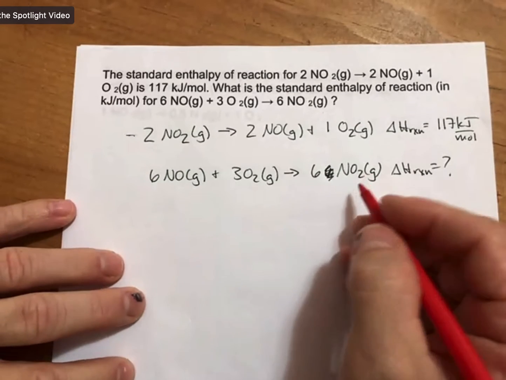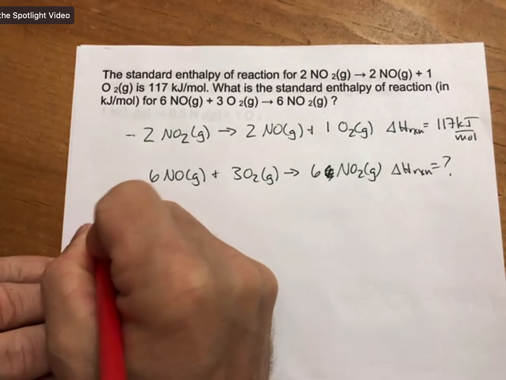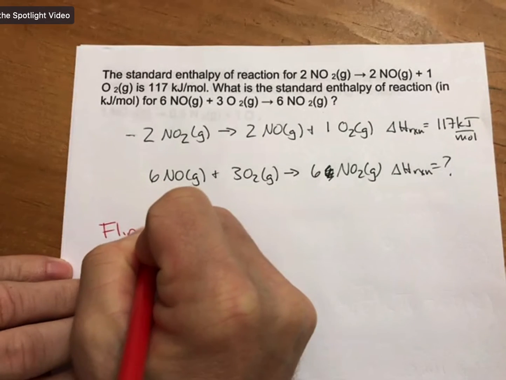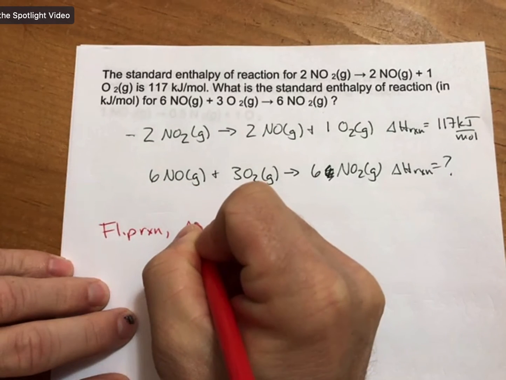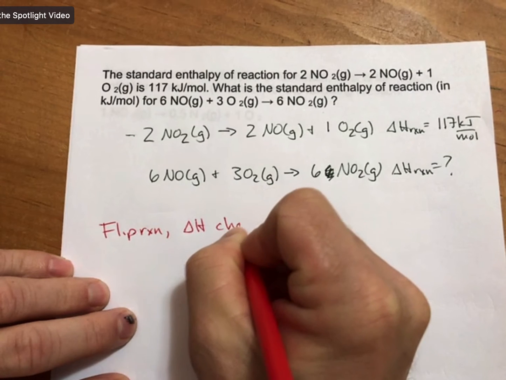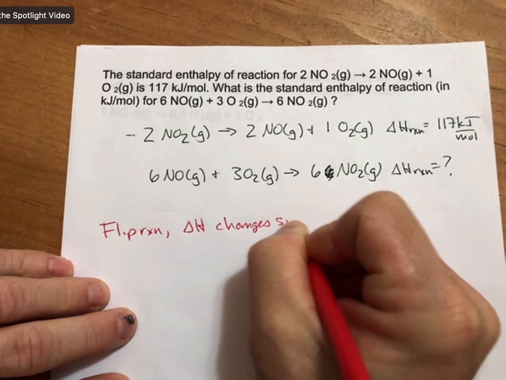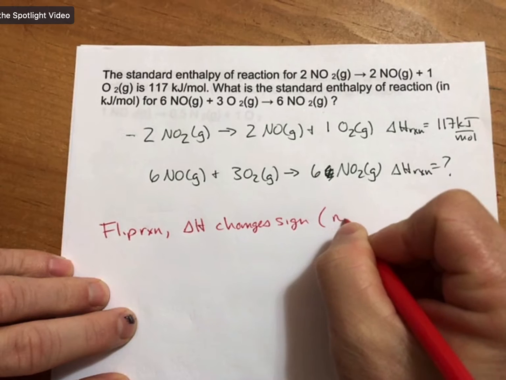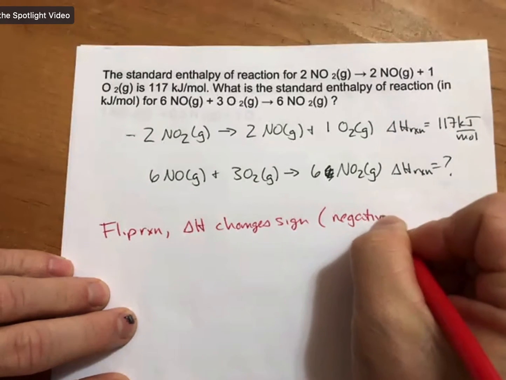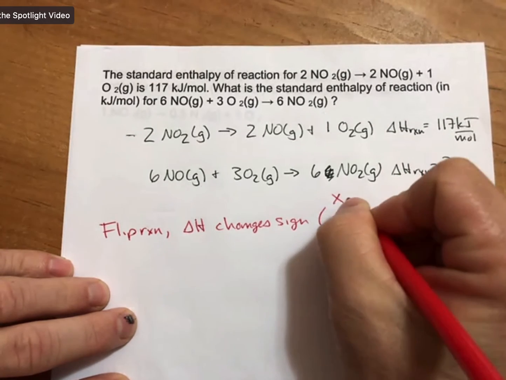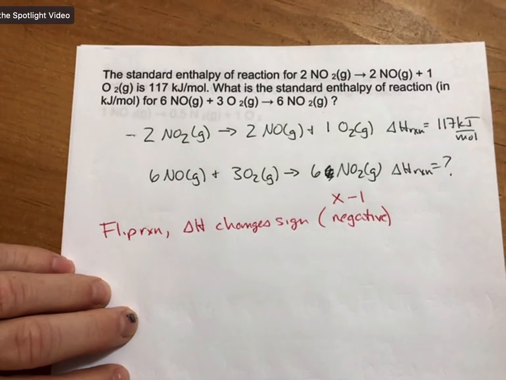And when we flip the reaction, delta H changes sign. So negative, or let's say this, times -1. That might be another way of doing it.